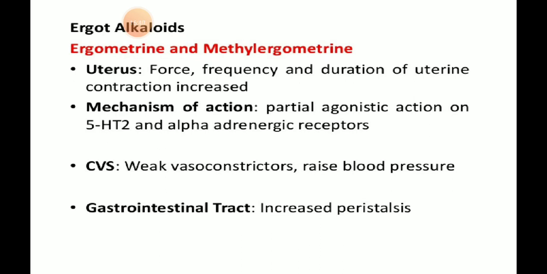So immediate withdrawal of the drug, use of antiemetics, administration of heparin, and vasodilators like sodium nitroprusside for the treatment of peripheral vascular insufficiency are required to manage ergot toxicity. Ergometrine and methylergometrine may produce nausea and vomiting, but serious toxic effects are rare.